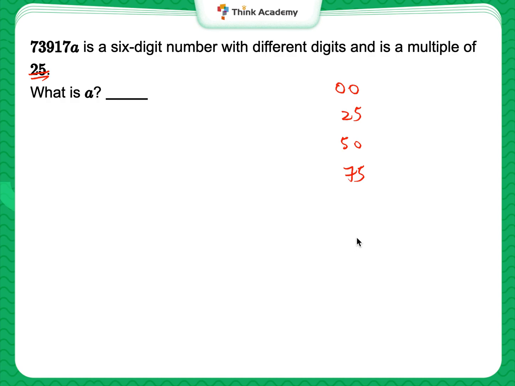Any other 2 digits will not be a multiple of 25. We can see that the second last digit here is a 7, which means that the last digit must be a 5. All right, that's kind of easy.